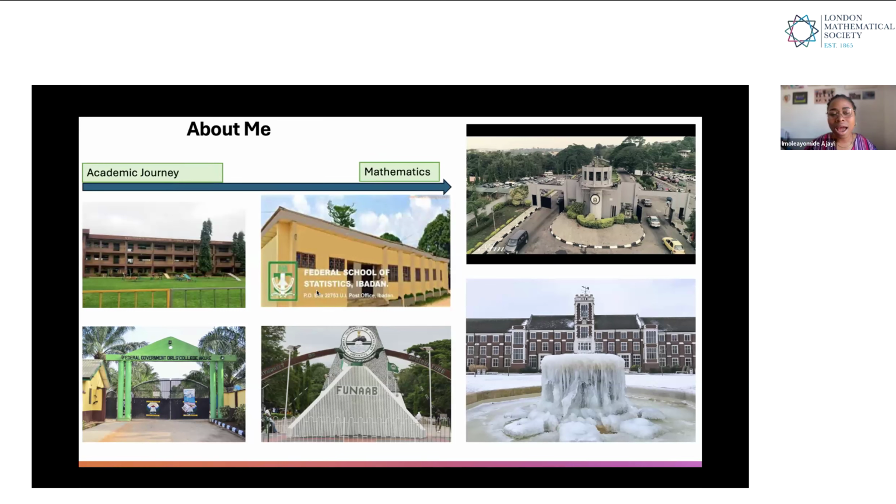And then I couldn't go to university. I couldn't afford it. I would ask people for help, and as a child, they would want to take me for granted. My faith has always helped me to do things. So I went to this school called Federal School of Statistics, to cut the long story short, and I got admission into the school.